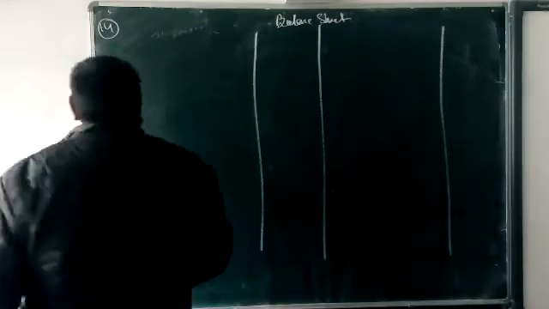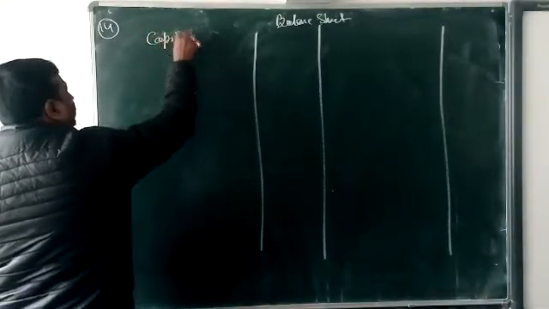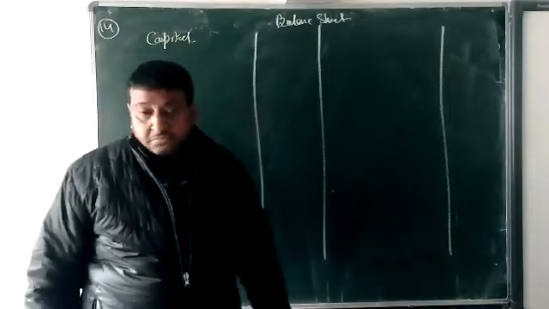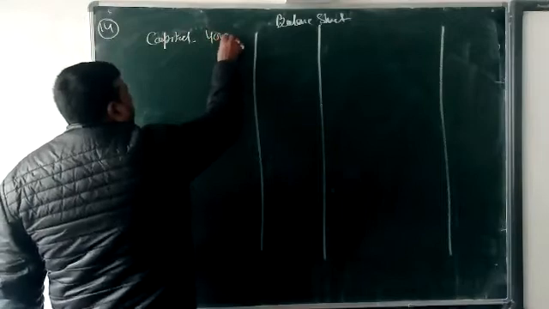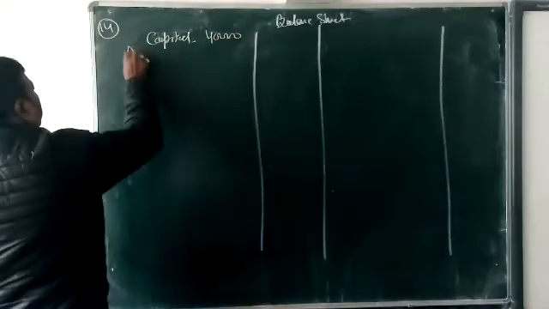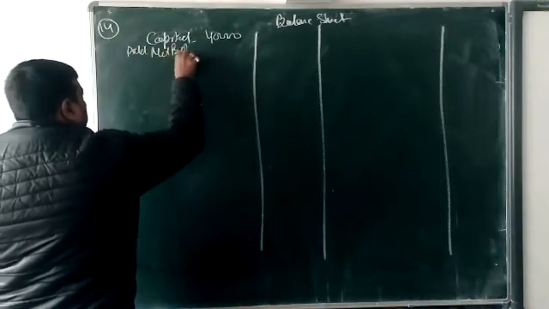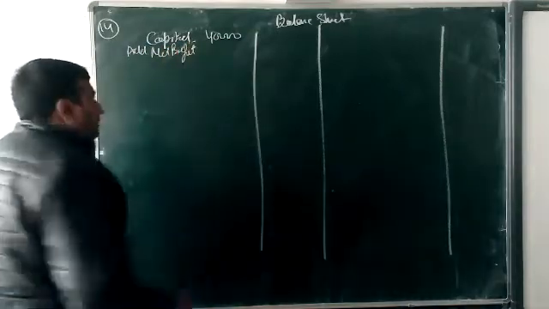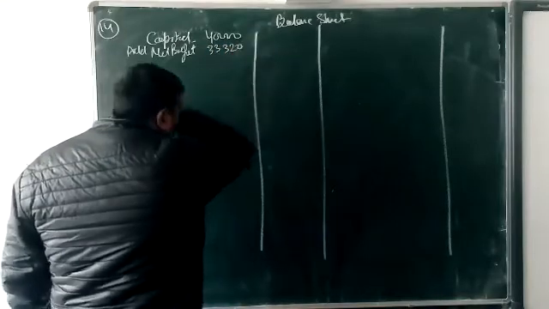What we are putting with the capital? Tell me the capital. 40,000. Put it on the internal. And net profit, beta? 33,320.